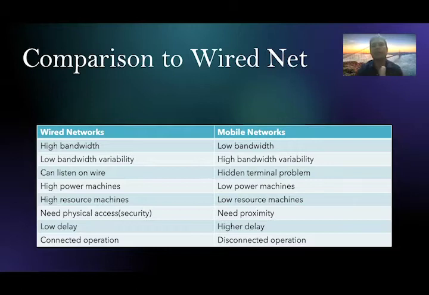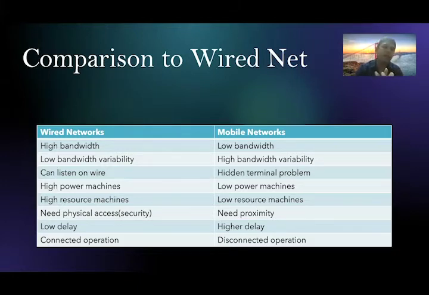And this is a comparison between wired network and mobile network. Of course, when we talk about the wired network, it means that we must have a connection, for example, internet. Sometimes you prefer wireless technology. At the same time, some people prefer wired technology. So this is a comparison.